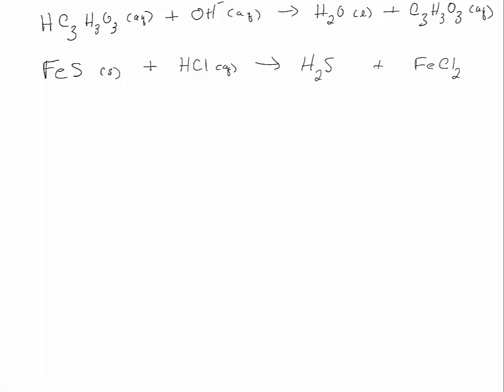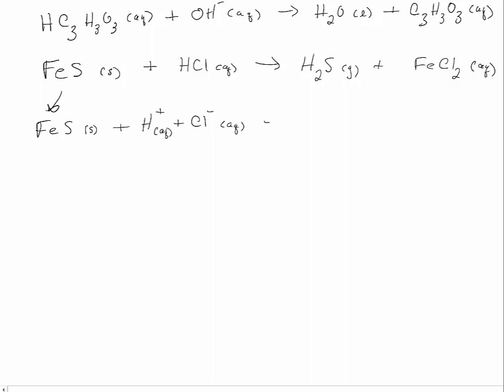Since this takes place in solution and halides are soluble, that means the iron 2 chloride would be aqueous. But what do we know about H2S? We know that's a gas. In this reaction, when we write the total ionic equation, we would also keep the solid iron 2 sulfide together while splitting up the hydrochloric acid, keeping the H2S together because it's a gas.